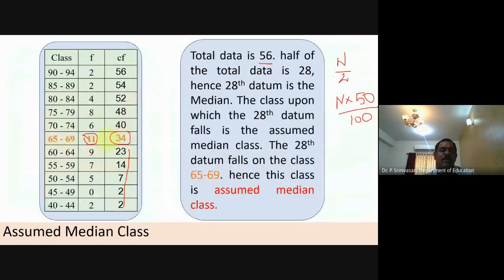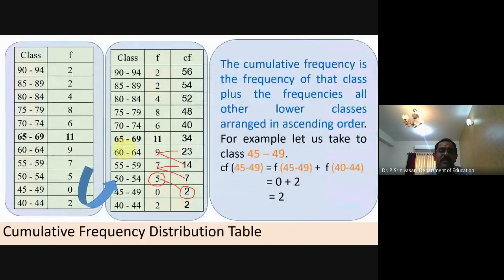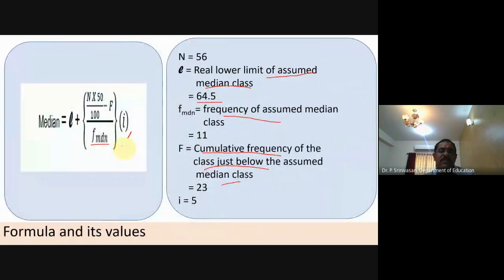So this is the assumed median class, 65 to 69. Go to one class below, 60 to 64. The cumulative frequency of this class is 23. It is F, capital F.